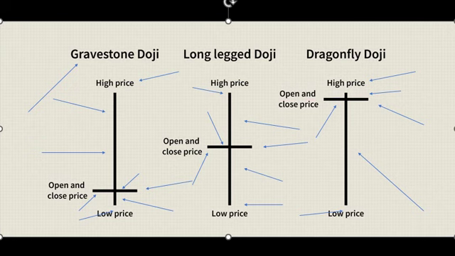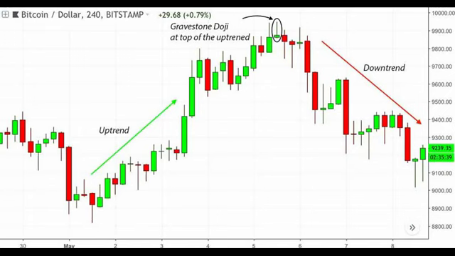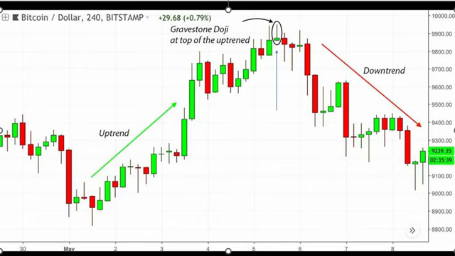What do these dojis basically do? Let me show you a chart that I provided over here. Here we have a Gravestone Doji, which I marked with a black circle. Right over here, we have a Gravestone Doji at the top of an uptrend.